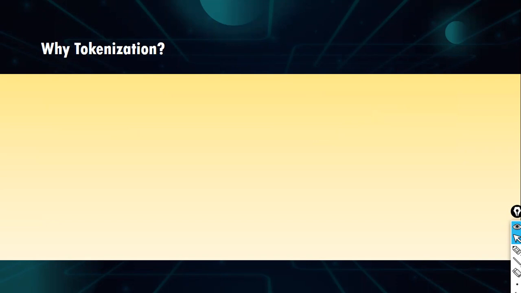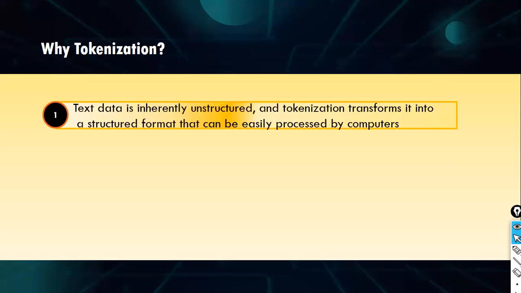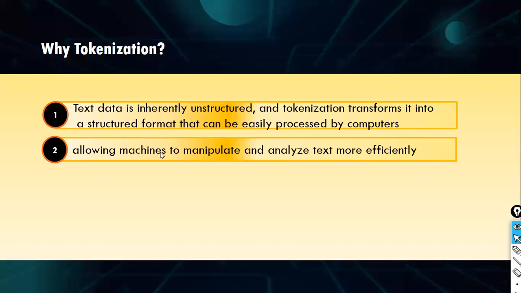The text data is by nature unstructured, and what tokenization does is transform it into a structured format so that it can be easily processed by your computer. That is the whole idea of doing tokenization. The text data is inherently unstructured, and tokenization turns it into a structured format that can be easily processed by a computer. It allows the machines to manipulate and analyze text more efficiently.